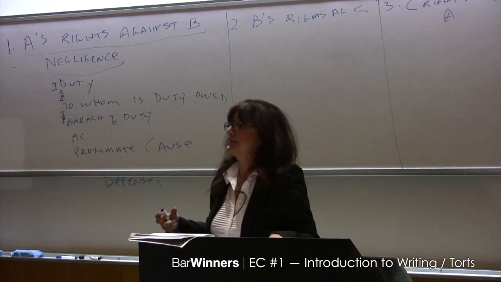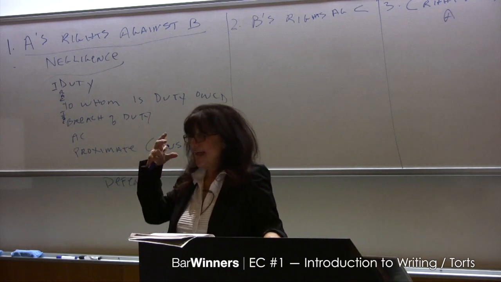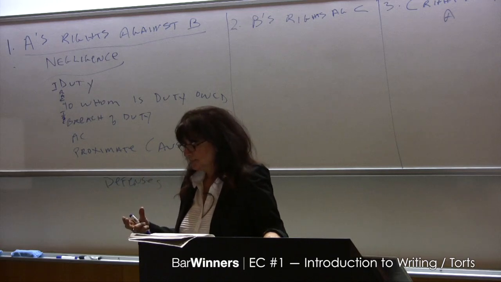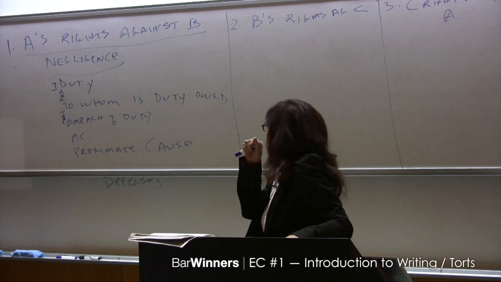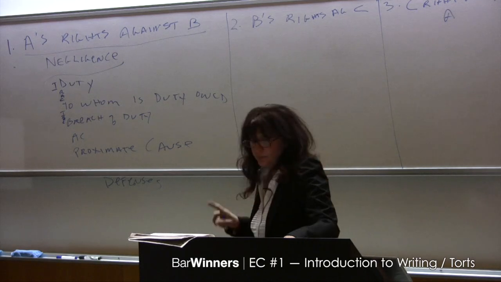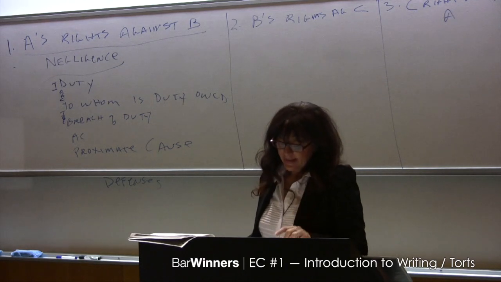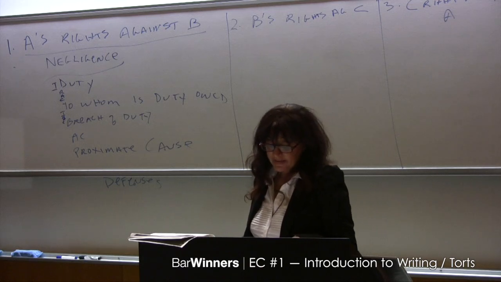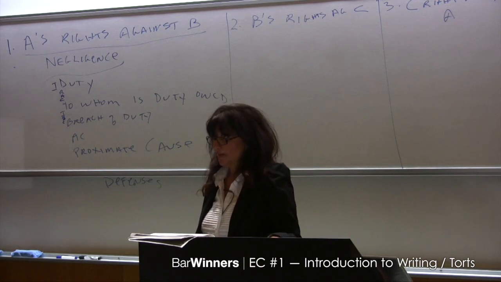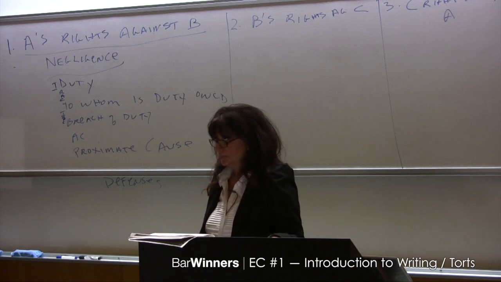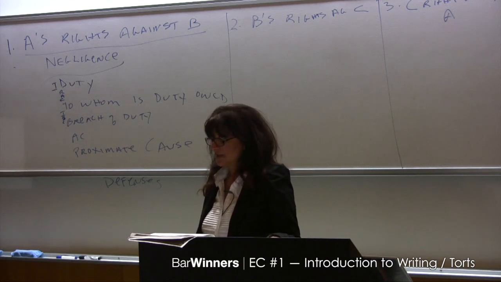It's a subjective test. You have to show there was actual malice. If the plaintiff can show actual malice, they can recover, if they're a public figure or public official. If you can't show actual malice, you don't recover.